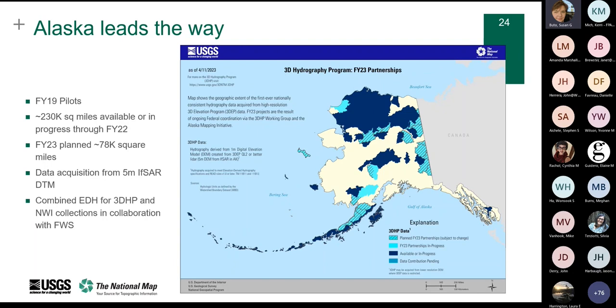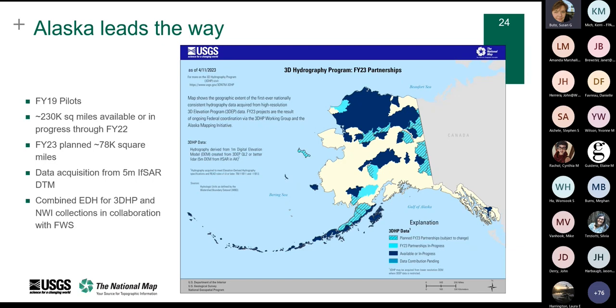And this started in FY19 with some pilots where we contracted with GIPSI contractors to give them portions, I believe, of a HUC 8 in Alaska, to test their processes and for us to understand how to validate these data.